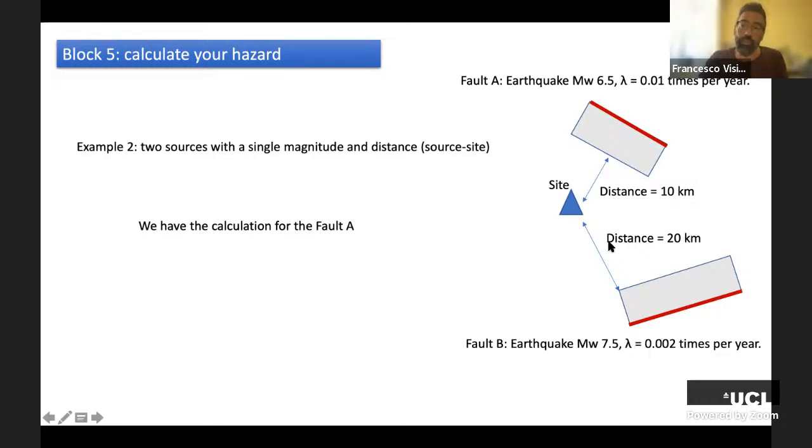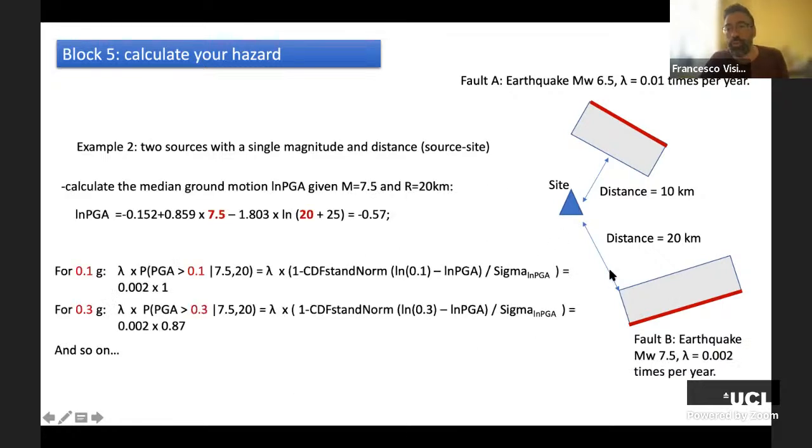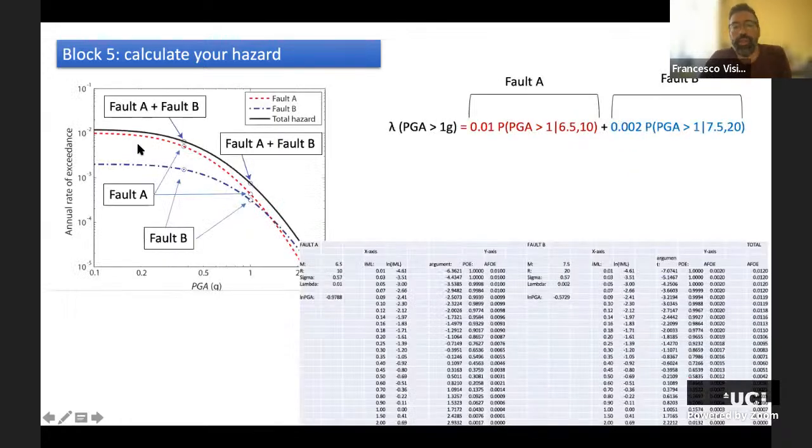We just did the calculation for fault A. We have to do the same calculation with fault B, just varying the magnitude and the distance in our equation to calculate the median logarithm of the PGA, and using, of course, the appropriate lambda, which in this case is 0.00002. So for the same PGA threshold, we calculate the annual rate of exceedance, and we build another curve.